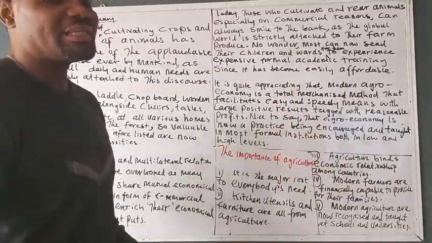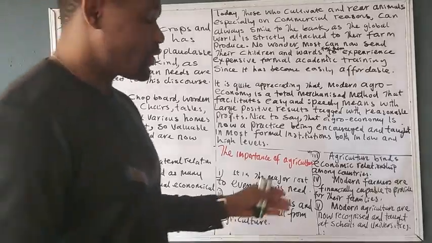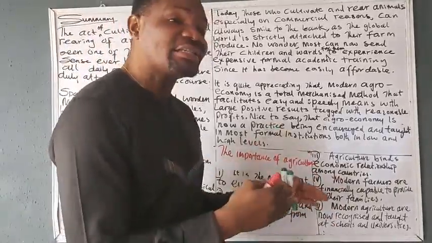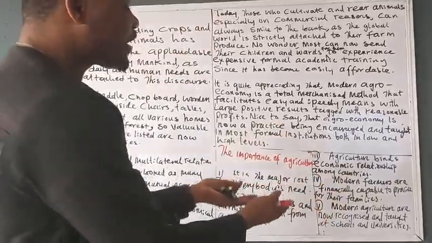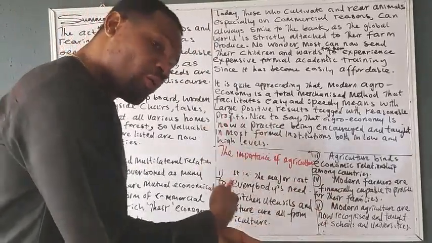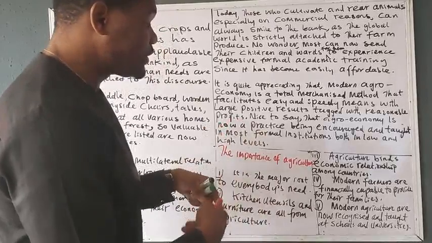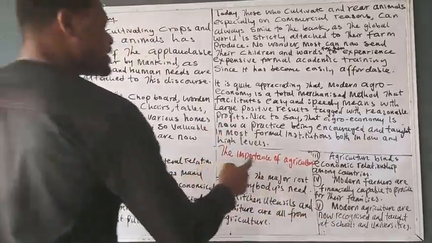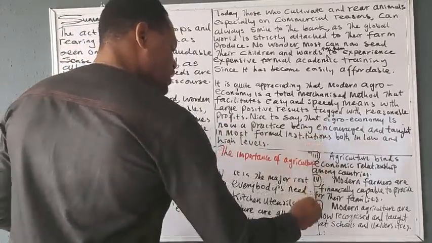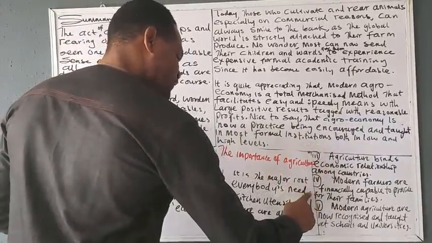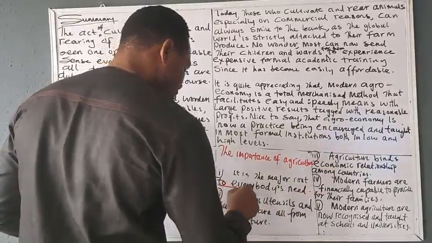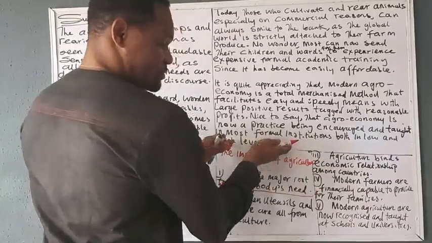So this is another method that someone could use, but having said this, this exam taker is still wrong. This exam taker still cannot score a reasonable point to pass the summary. Why? The importance of agriculture, colon, this full stop in here shows that the message stops here.